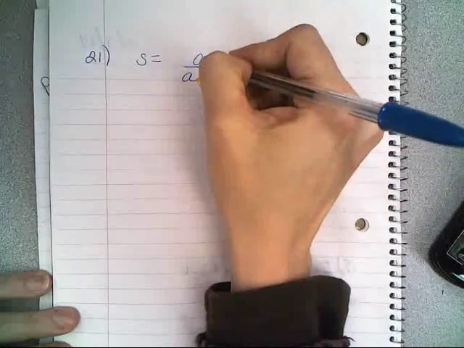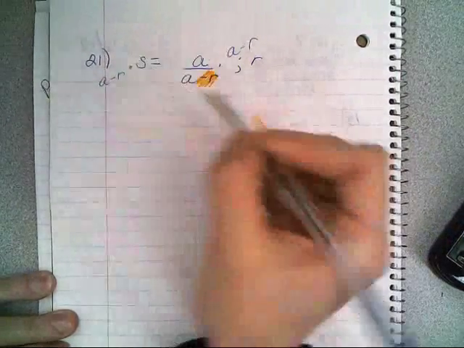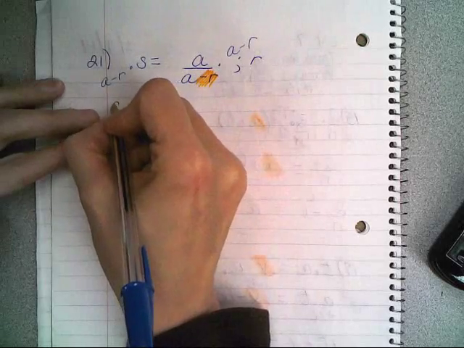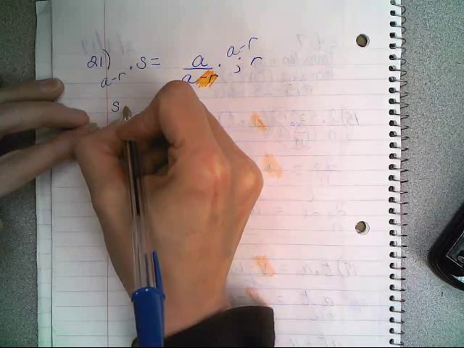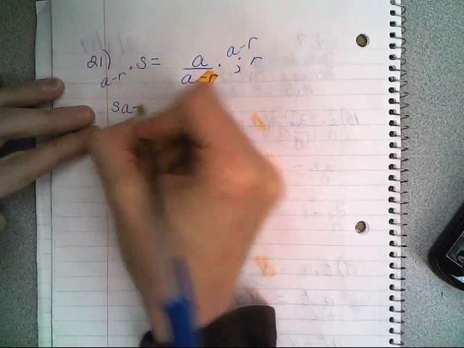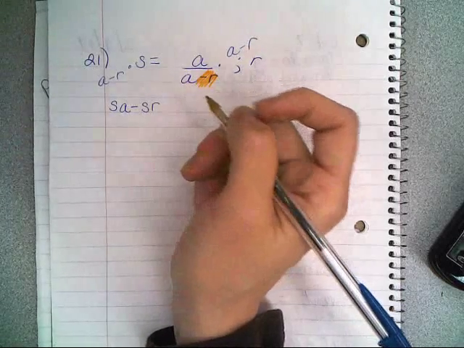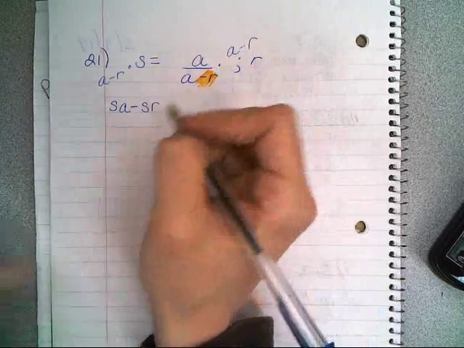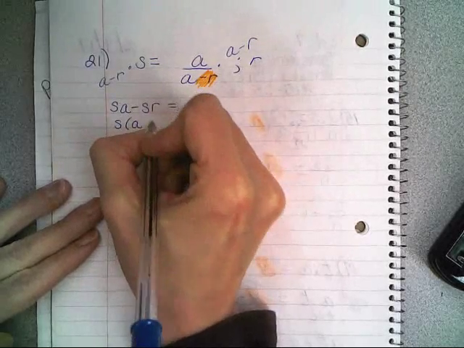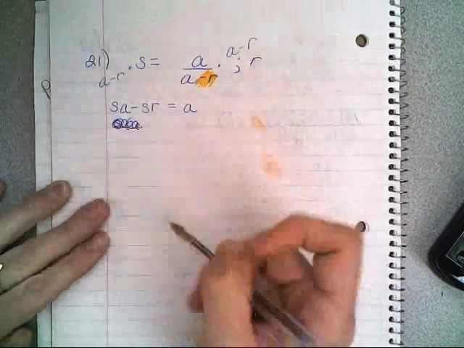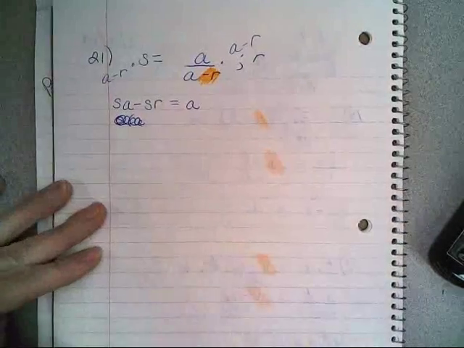We're going to multiply both pieces by A minus R, which gives me S times A minus S R equals A. Let's factor that. S A. No, I don't want to do that. You're going to think I'm ridiculous. This is a lot of work. Okay, it's the R that we're searching for, right?